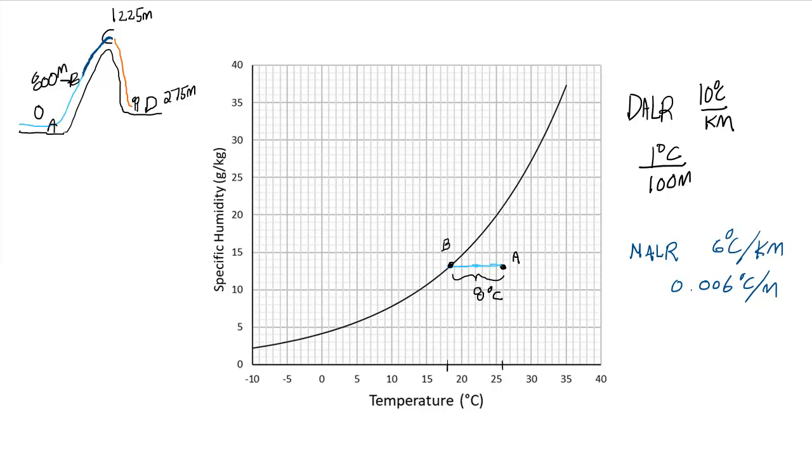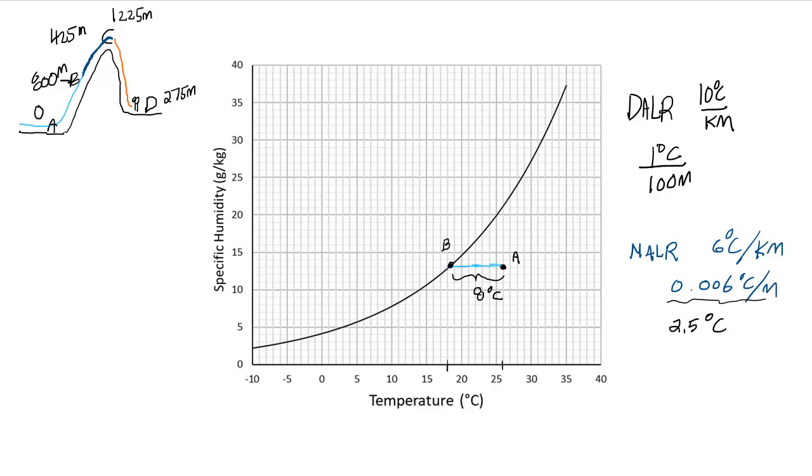So the total elevation gain is 1225 minus 800, that's 425 meters of additional ascent. When we multiply 425 times 0.006 degrees C per meter, that turns out to be an additional temperature loss of 2.5 degrees C.